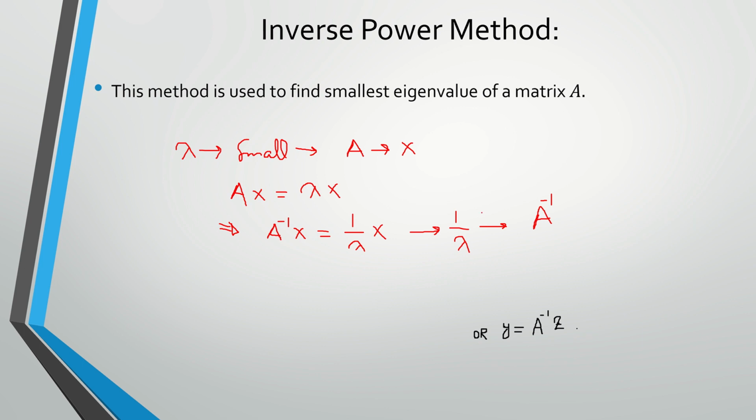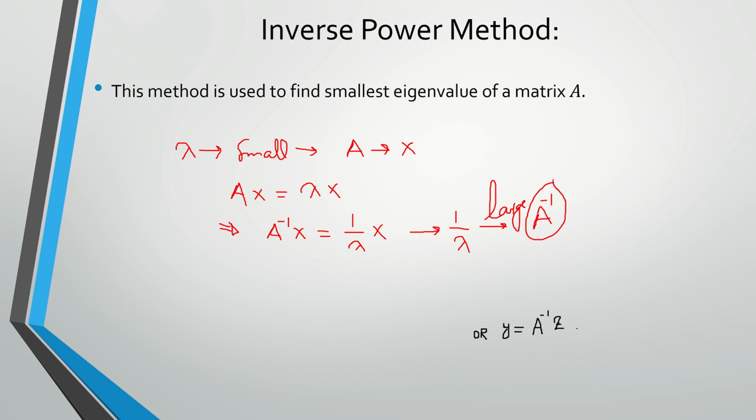Okay? So this will be largest. Now you see what we would do? We will be simply finding the largest eigenvalue of matrix A inverse. In other words, we would apply the power method on A inverse. The rest is straightforward, the same.